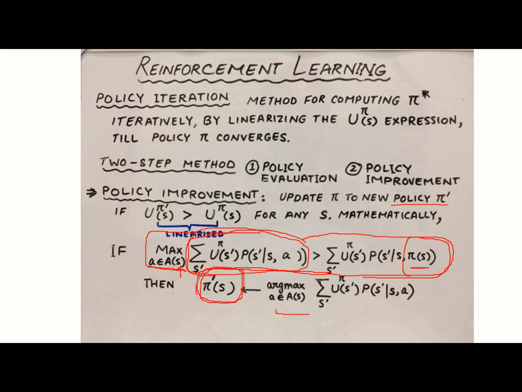So this policy is going to be updated. That's why the name policy improvement: we update the policy from pi to pi prime of s based upon the action that gives us an increased expected accumulated reward in that state s.